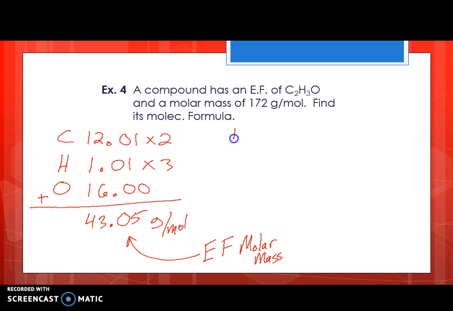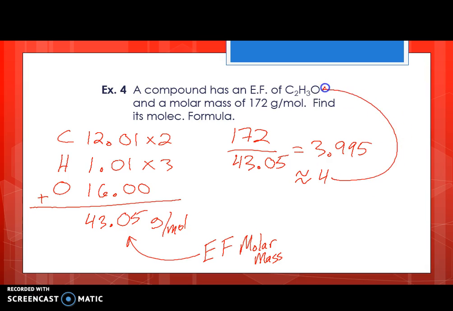So all you do is simple division: 172 divided by the number you just calculated, 43.05. We're probably going to have to round here, but 172 divided by 43.05, I get 3.995 as my answer. Well, that is approximately 4. So that's the ratio of how much we reduced it by.